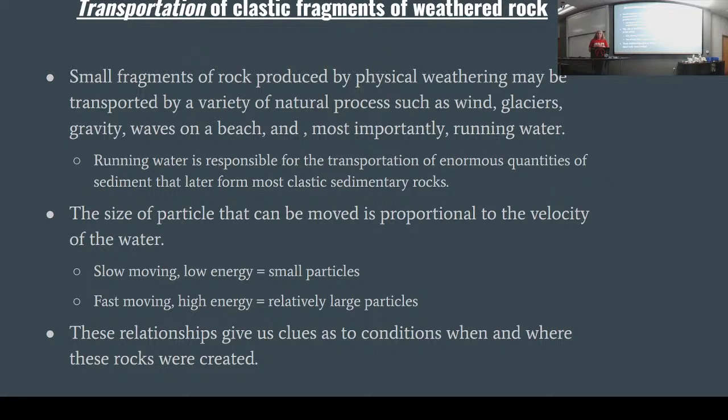One thing I do want you to remember is that the size of the particle that can be moved is in proportion to the velocity of the water. Slow moving water has a low energy, and this low energy means it can only pick up some of your smaller particles. When we talk about those particles, we discussed this earlier. It's not in this slide, but we went over gravel, being 2 millimeters or more.